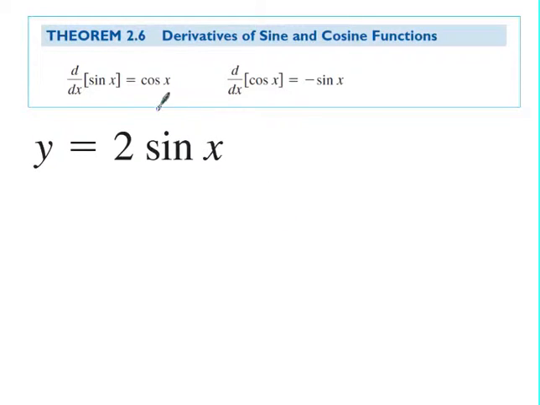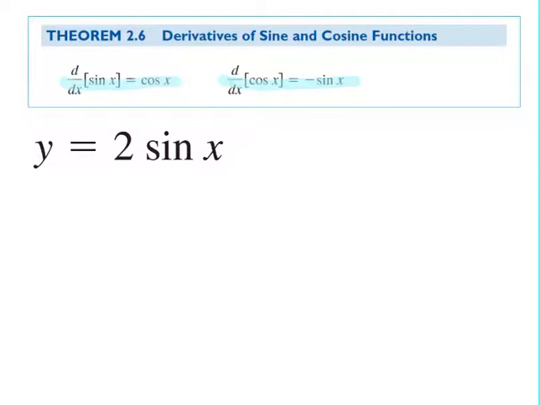But for now, you need to remember that the derivative of sine is cosine, and the derivative of cosine is negative sine. So you need to file those away to memory. The derivative of sine is cosine. The derivative of cosine is negative sine.